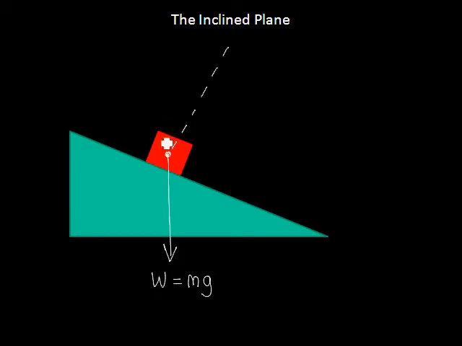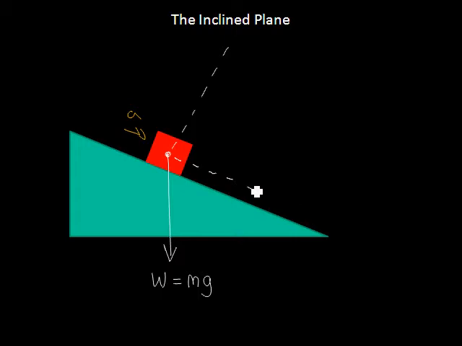And if we think a little carefully about this, in the absence of anything else, if it's a frictionless surface and there's nothing else to hold this block up, it's going to start accelerating down the ramp. In the absence of anything else, we're going to have an acceleration down the ramp, which means that there would be a net force acting down the ramp. So we've got a natural system of coordinates for this block.